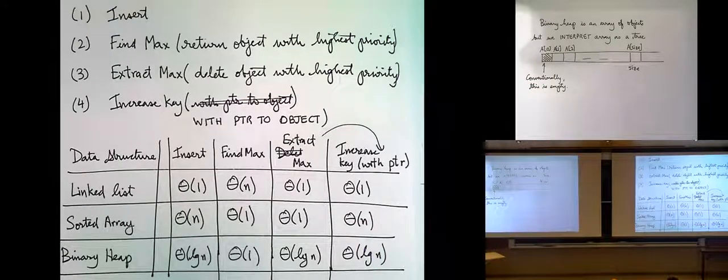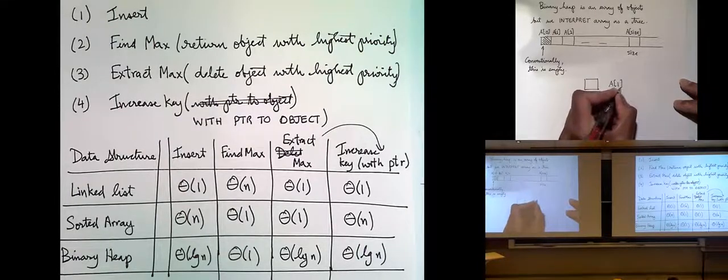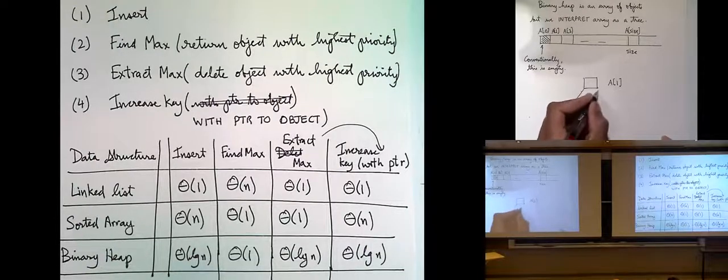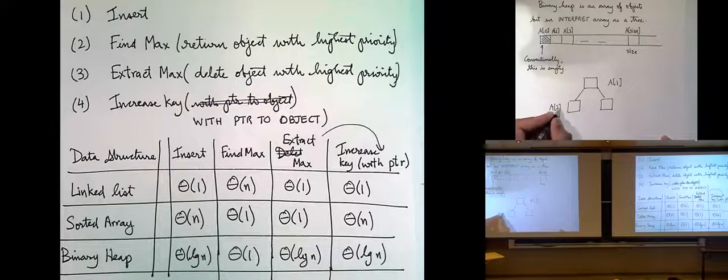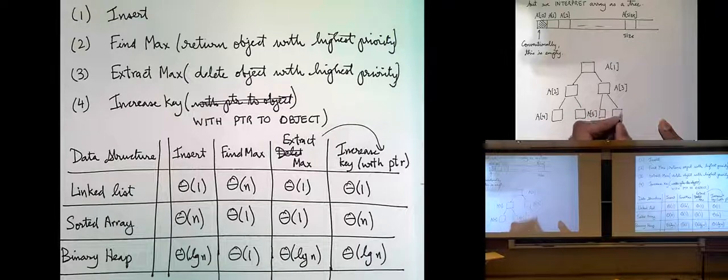The way we will think about the tree is as follows. We'll imagine that A1 is the root of the tree. A1 is going to have children A2 and A3. And A2 has children A4, A5, and A3 has children A6, A7, so on and so forth.